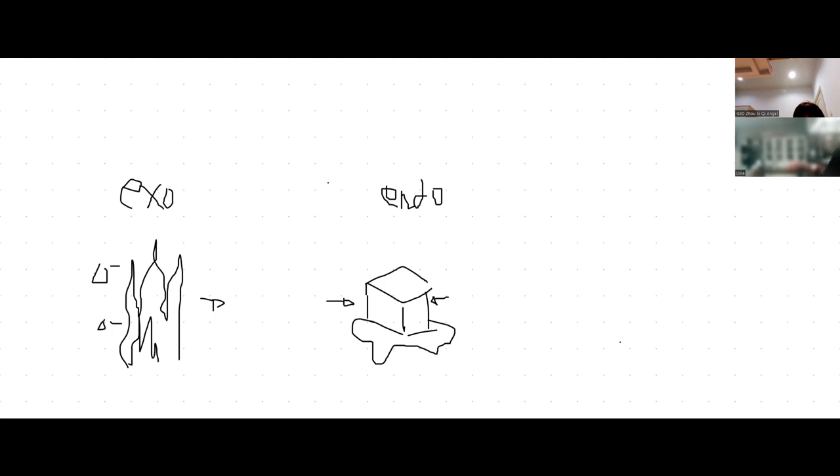So an exothermic graph is this. This is the reactant, this is the product. So the energy of the reactant is higher than the energy of the product.